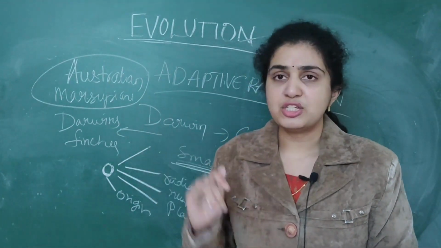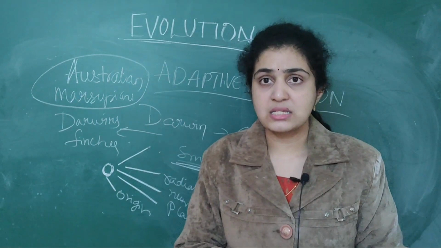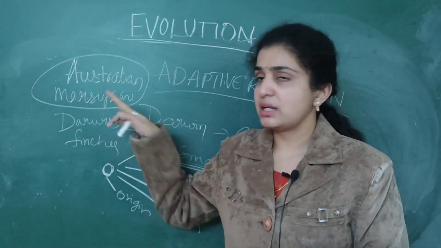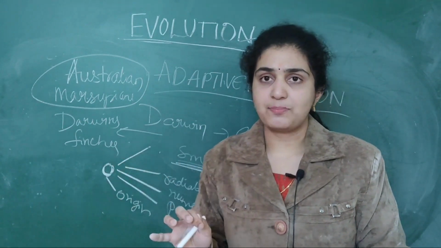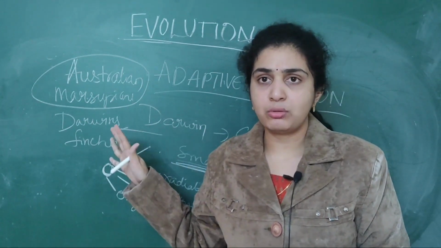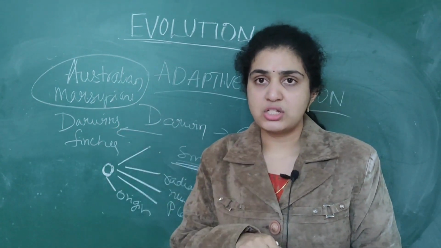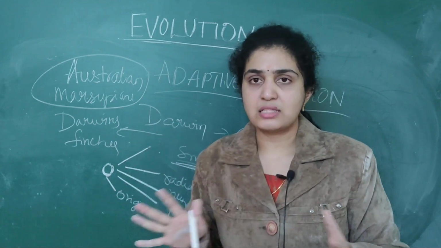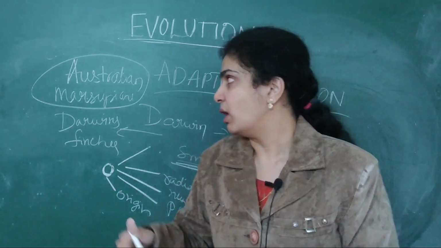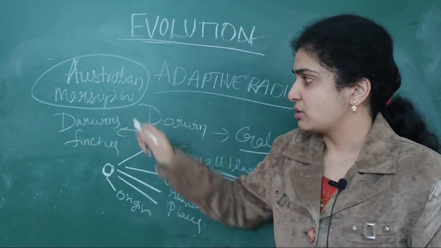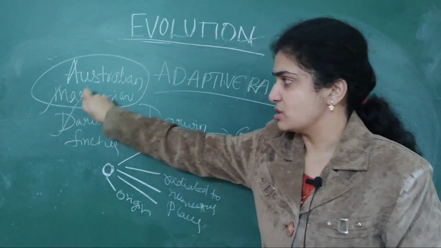So Darwin's finches of the Galapagos Islands as well as Australian marsupials belong to the concept called adaptive radiation, where they originated in one place and were transferred into different places.